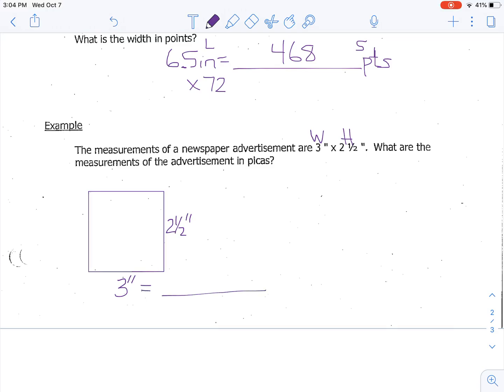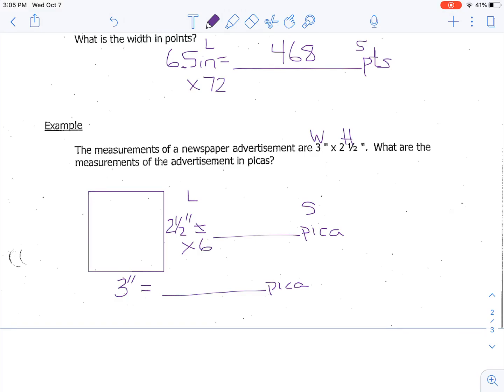And the question is asking us, what are both of these measurements in picas? So an inch or a pica, which one is larger? Inch is larger, pica is smaller, so we're going to multiply. And we know that there's 6 picas in an inch, so we multiply by 6.